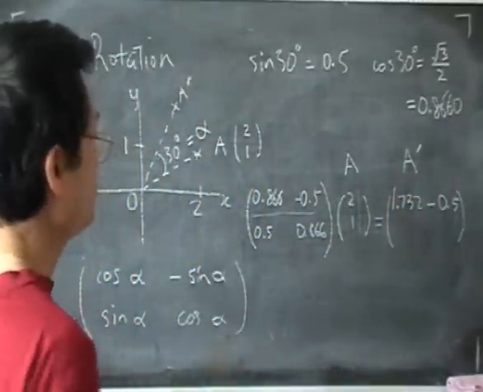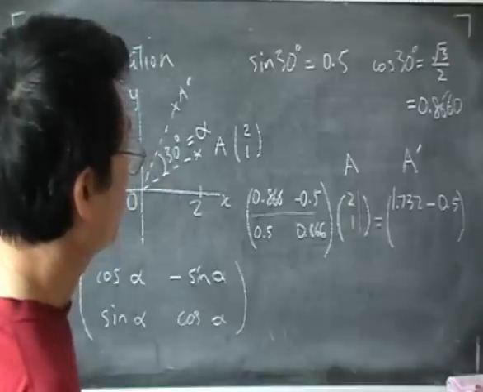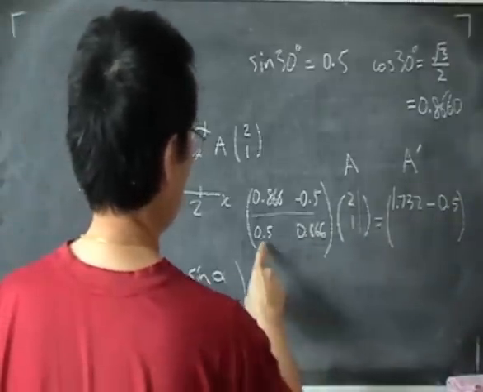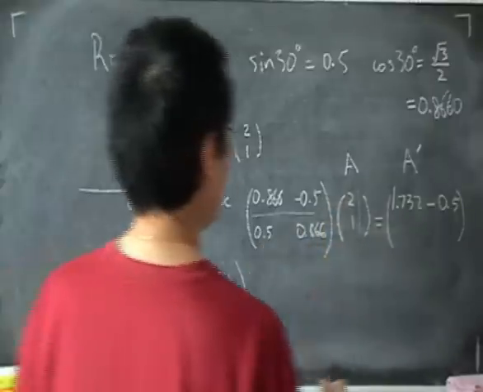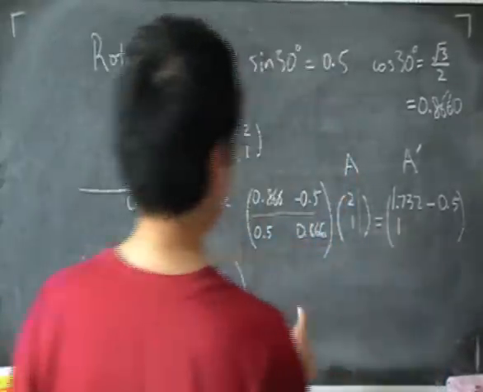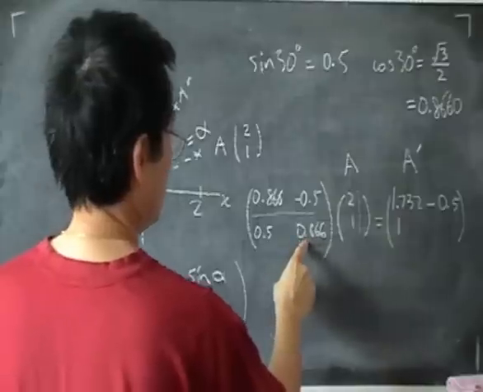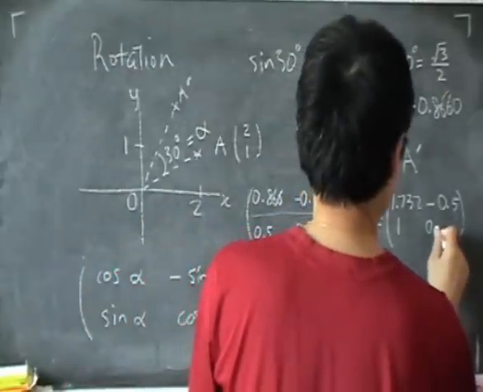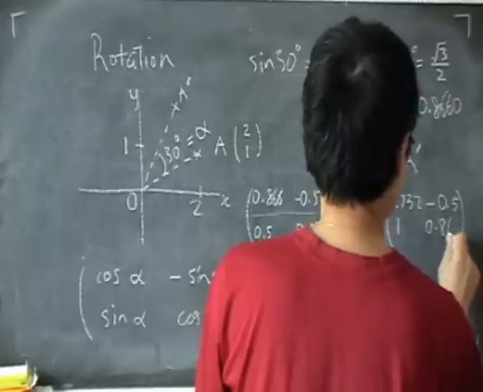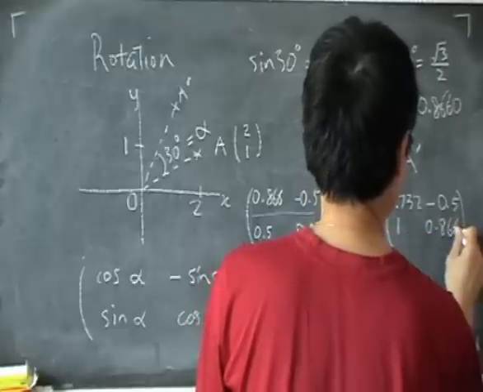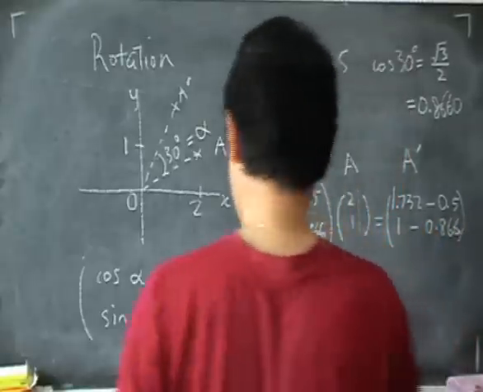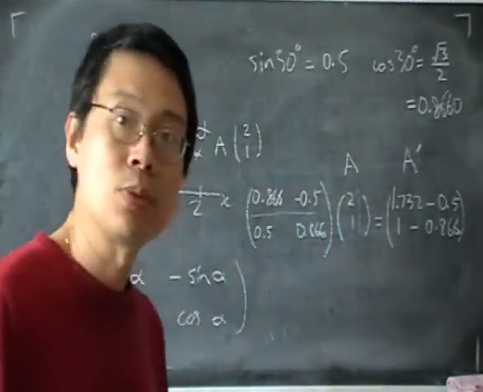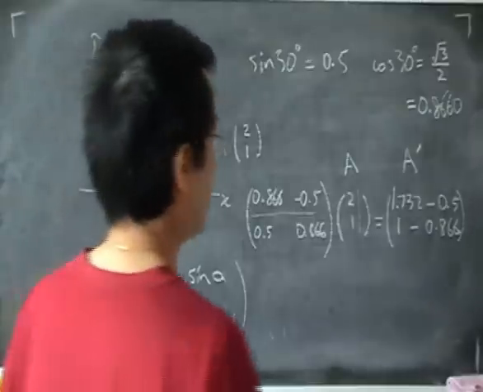Okay, and then we do it for the next row. 0.5 times 2 is 1 plus 0.866 times 1, which is 0.866. Okay. So we can now find the answer.